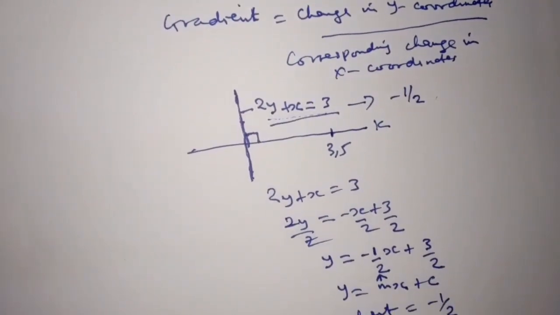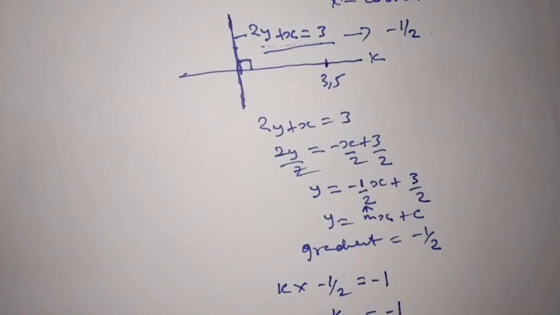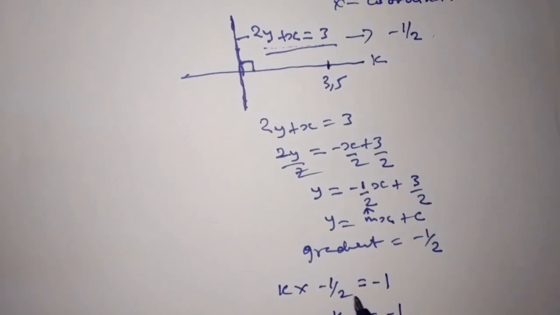So k times negative 1 over 2 is equal to negative 1. Then multiplying k by negative 1 gives us negative k over 2, which is equal to negative 1.